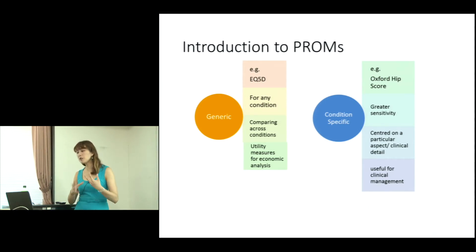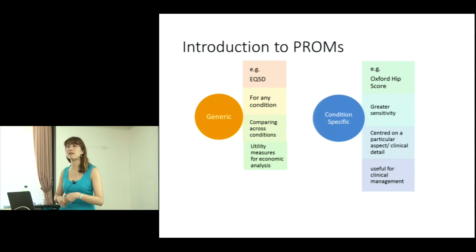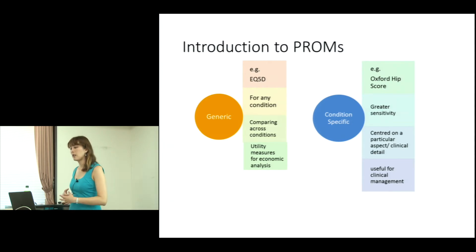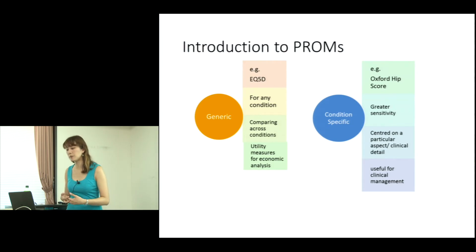Okay. So generic PROMs are, for example, the EQ5D, which many of us have heard of, perhaps used or seen. 5 dimensions, fairly easy, straightforward to fill in for patients. And also SF36, again, very widely used, both. They essentially allow comparisons between conditions.